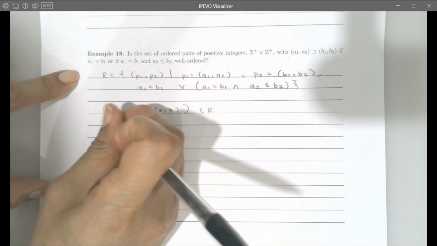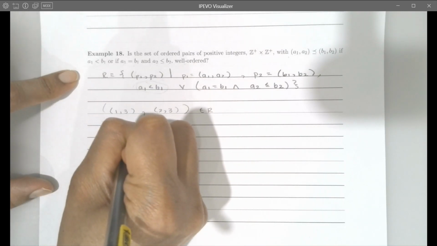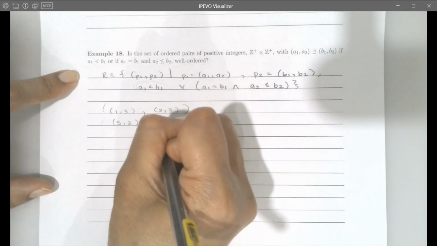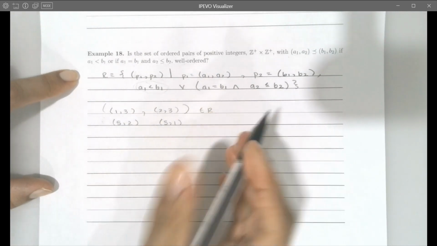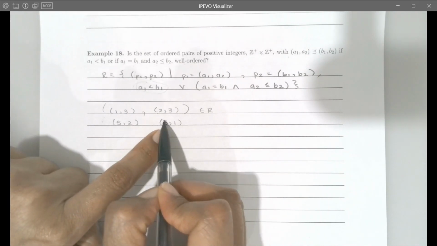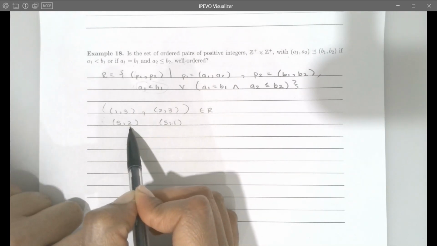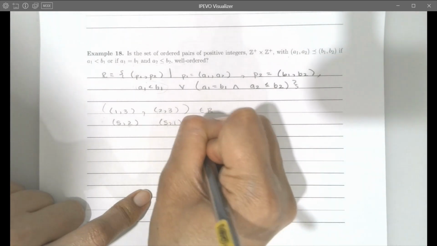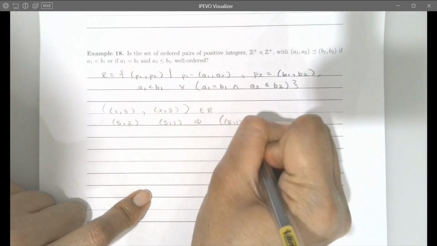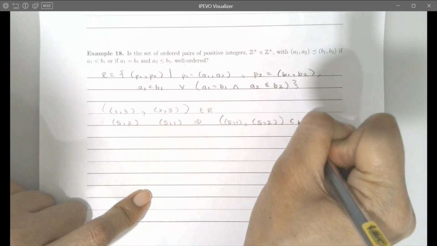Let's say we have the ordered pairs 5, 2 and 5, 1. Well, in this case, the first coordinates are the same, but for the second ordered pair, the second coordinate is less than the second coordinate of the first pair. So that means that we would have the ordered pair 5, 1 paired with 5, 2 as part of the relation.